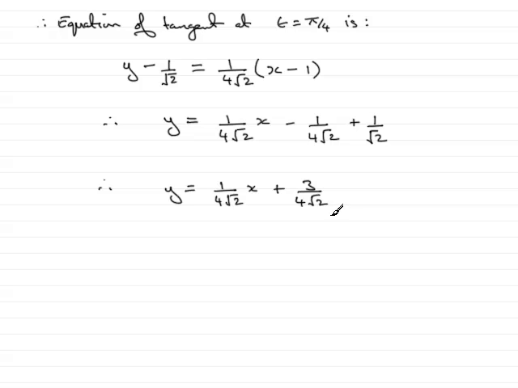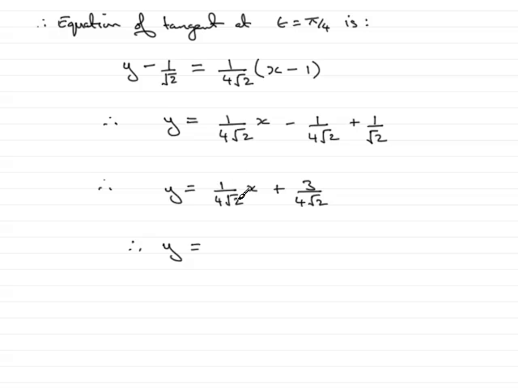So I need to get this, as I say, in the form y equals ax plus b, and basically it's in that form at the moment, but I don't like the fact that we've got square roots on the bottom here, and so what I'm going to do is rationalize each of these two terms. That is by multiplying top and bottom by root 2.